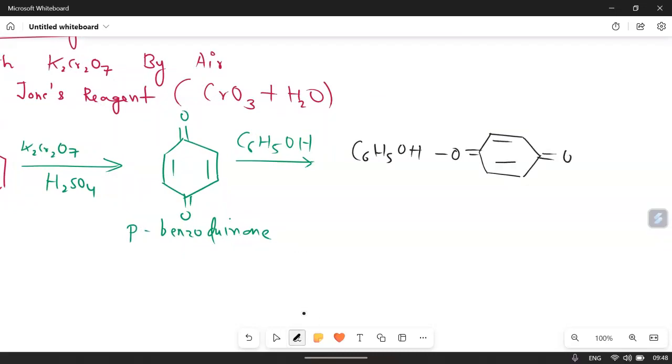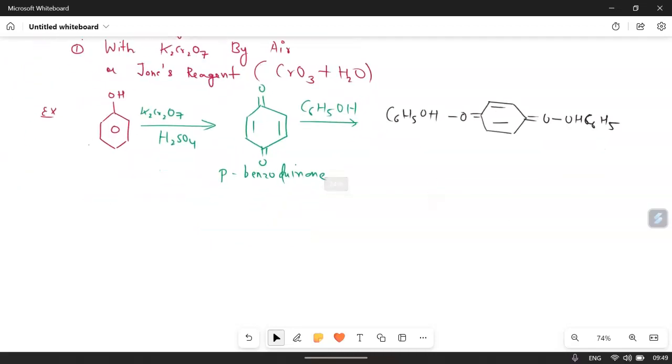Double bond O, OH, C6H5. This is called phenolquinone.